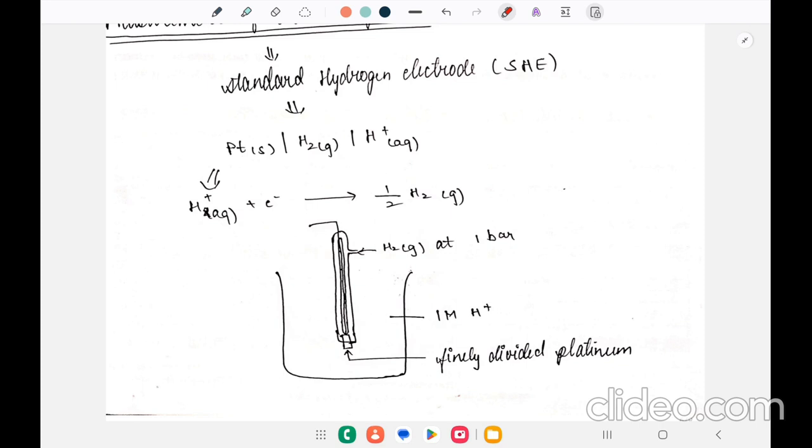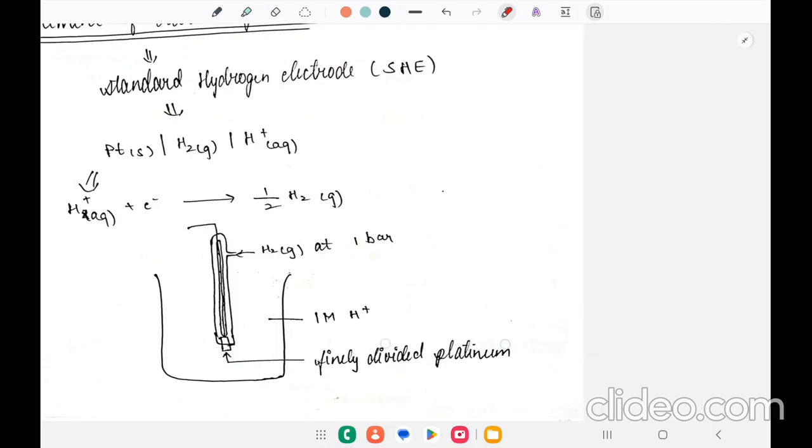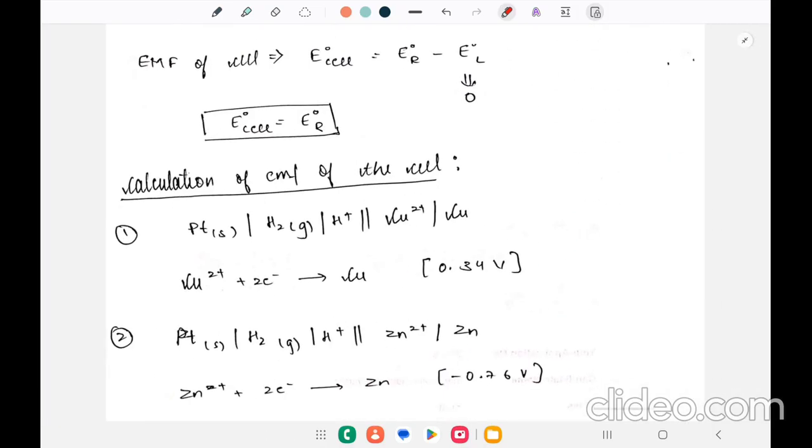So in this manner we can study the half cells which can be measured easily. Here this is the reaction in which we already know that the SHE electrode potential is 0, so we can easily find out the standard reduction potential of our required half cell.